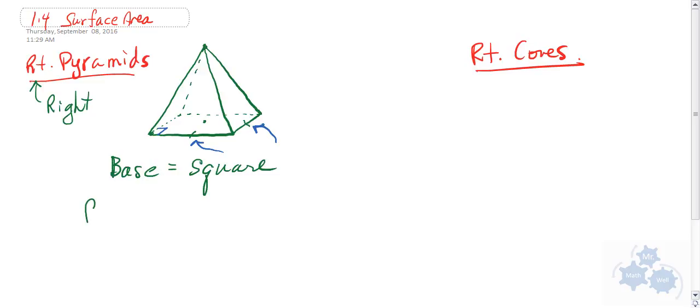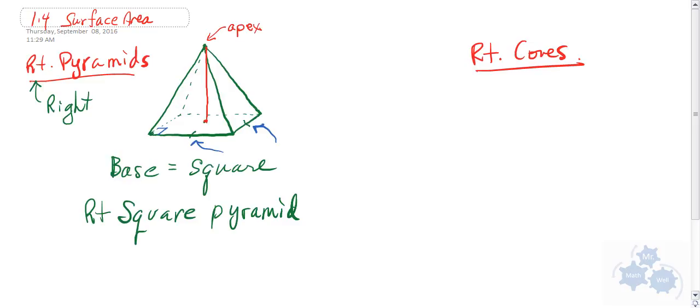All right. So this is a square base. So this is a right square pyramid. And where's that right angle again? Well, it's actually right here, from this point in the middle of the base up to the top point, which is called the apex.